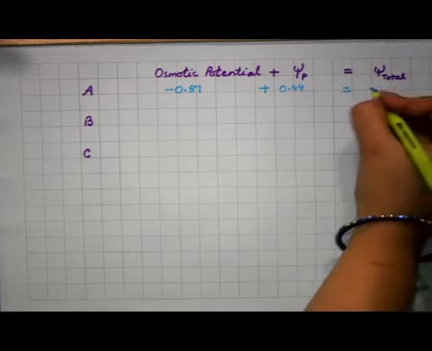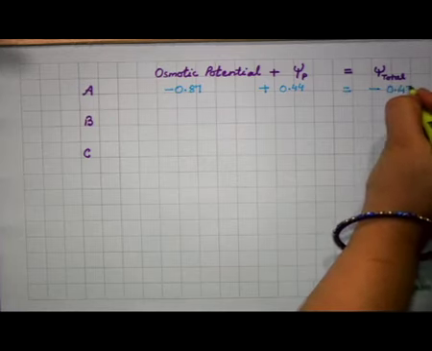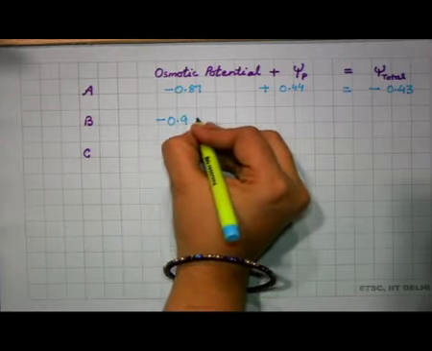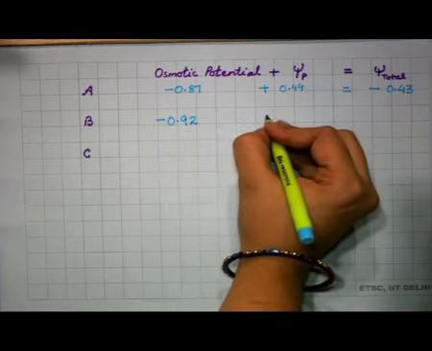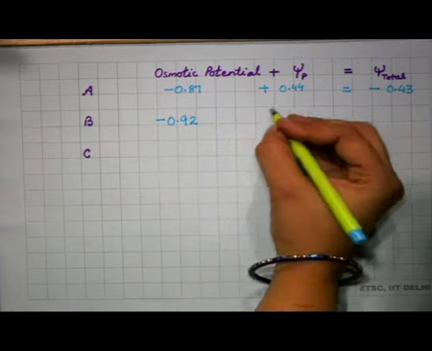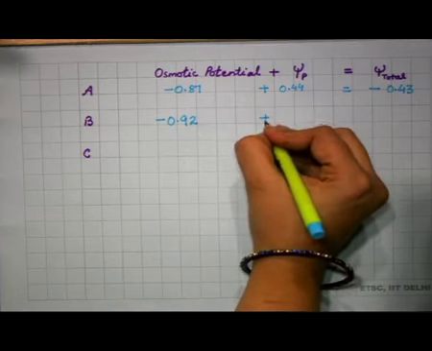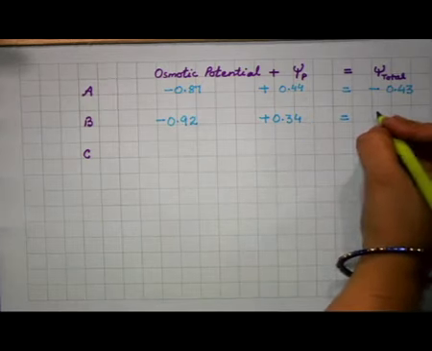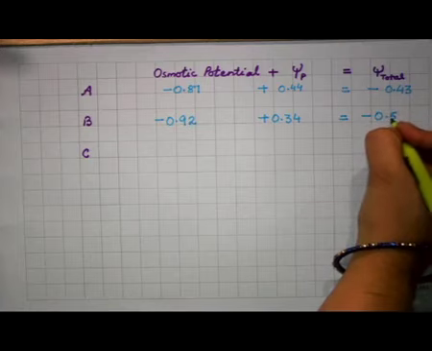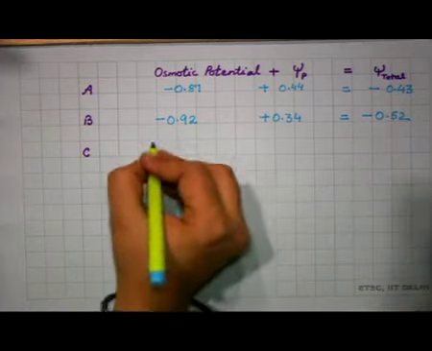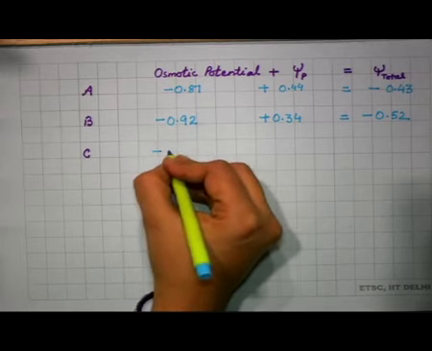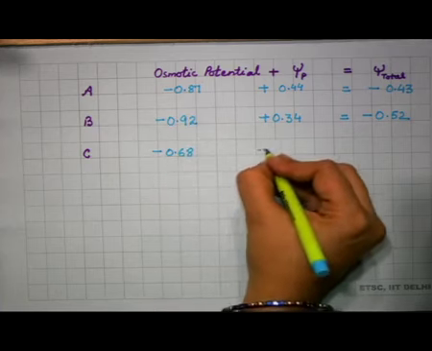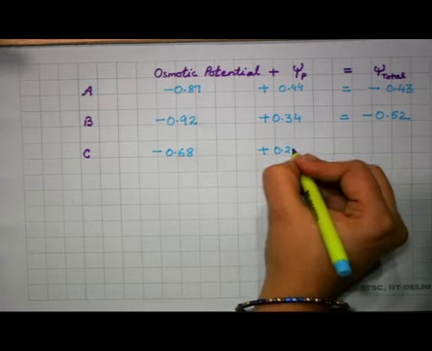When we add them, we get a negative value of 0.43. Then for the next case, for the cell B, osmotic potential is minus 0.92 and pressure potential is positive 0.34. The total water potential will come to be minus 0.58. Similarly, in the last case, cell C, the osmotic potential is minus 0.68 and pressure potential is positive 0.27.